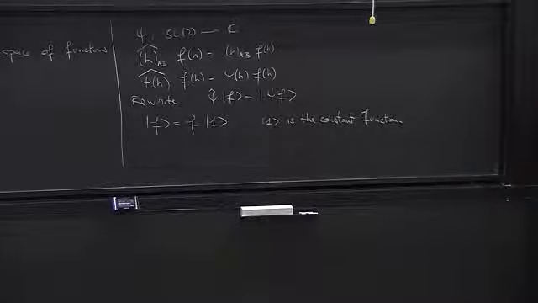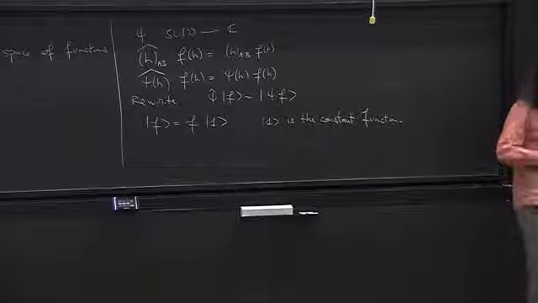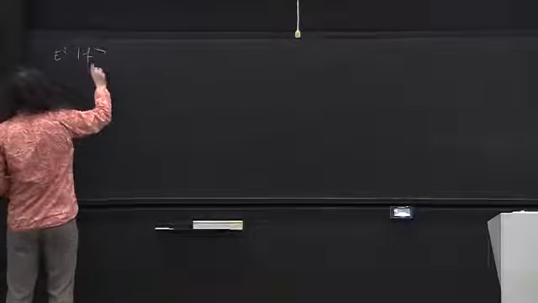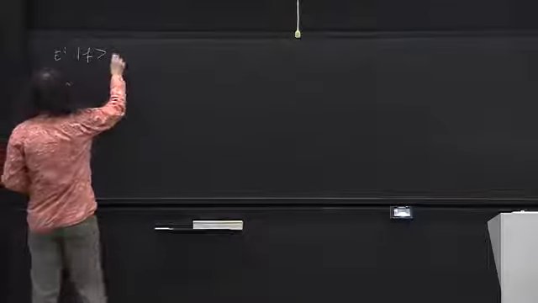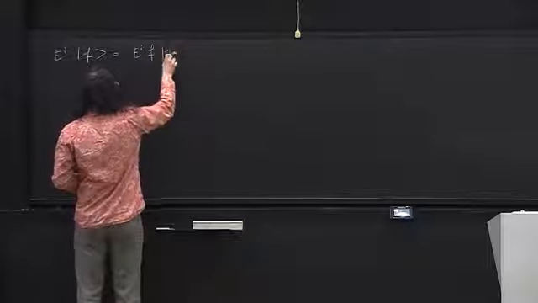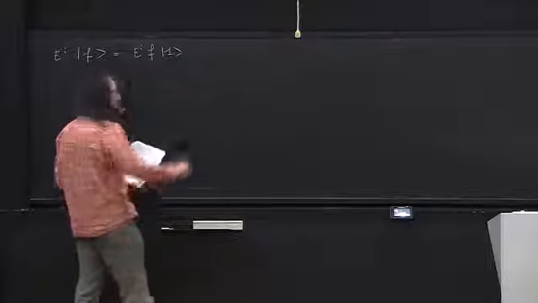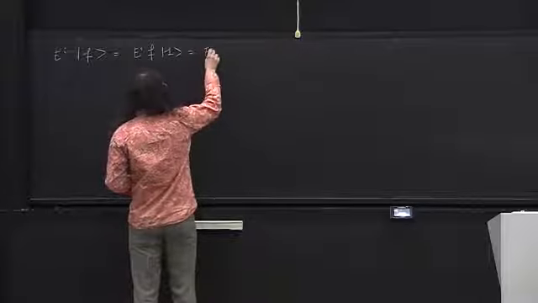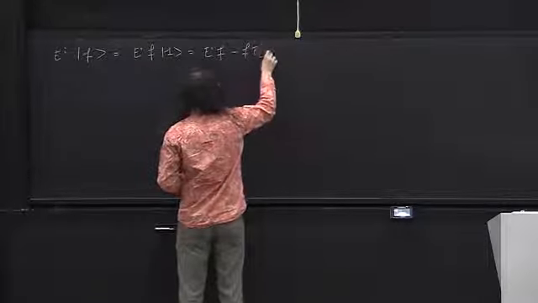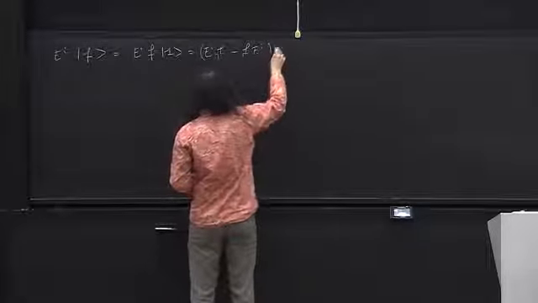So let us now have a look at the action of the flux EI on F. Well, so that's EI F on 1. So that's EI F minus F EI on 1.